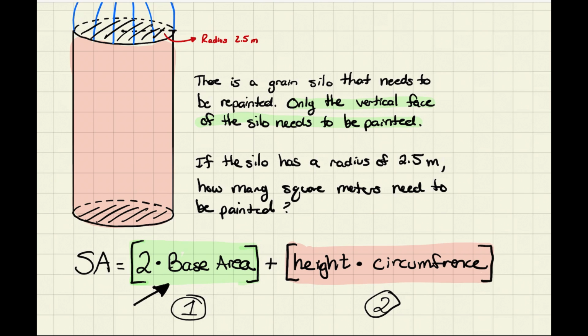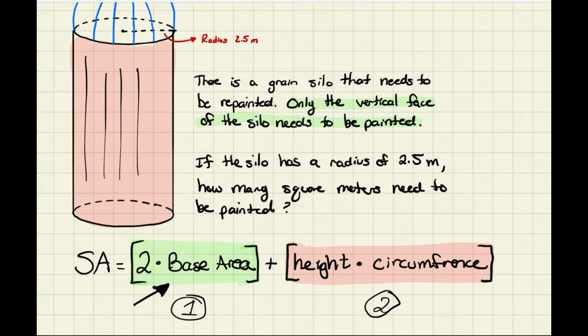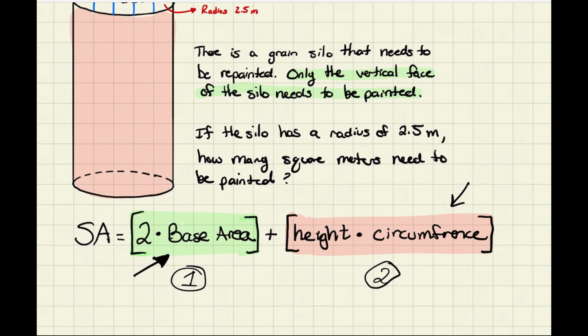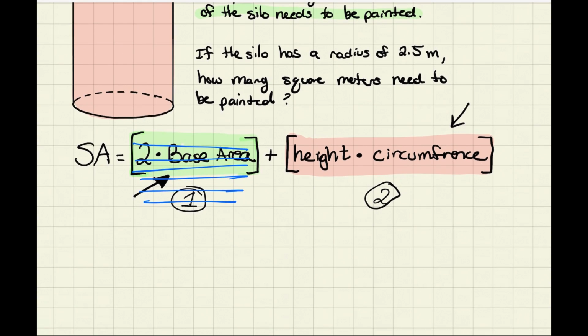That doesn't need to be painted. That's inside the grain silo. What we need to paint is this outside area, this area on the vertical outside area of the silo. And so that is actually going to be this second part over here. So for our purposes, and in this equation, we will not need to use this first part of our equation.